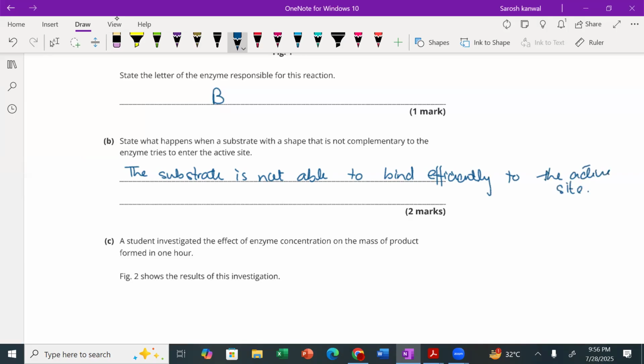Other than that, as this is for 2 marks, we can say that no reaction is catalyzed, or you can say no reaction proceeds or occurs.